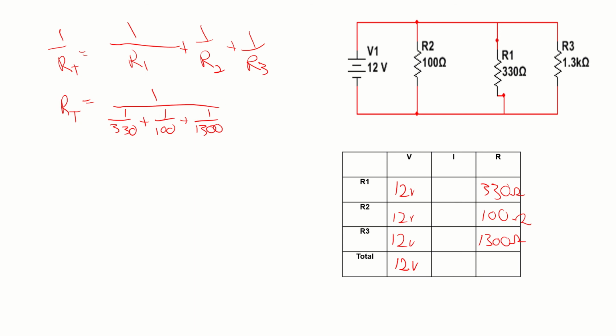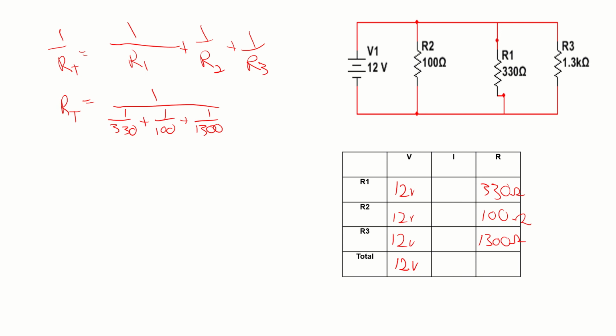I use that 1 over x button because I like the 1 over x. So 330, 1 over x, plus 100, 1 over x, plus 1300, 1 over x, hit equals, and then I got a tiny little number, so I have to do 1 over x one more time.